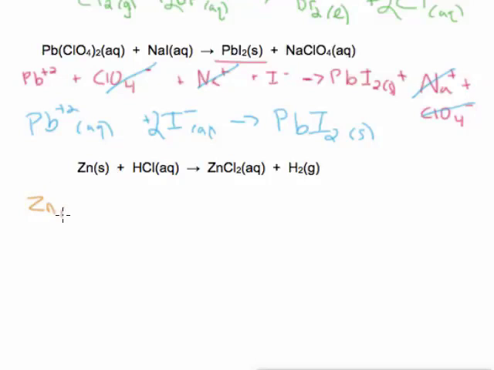And this zinc is +2. The hydrogen gas, we don't break it apart. We look for our spectator ions. The zinc changes, the hydrogen changes, but the chlorine does not. So this is going to look just like the second one.